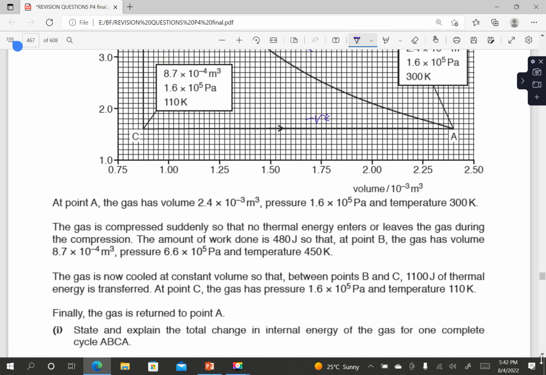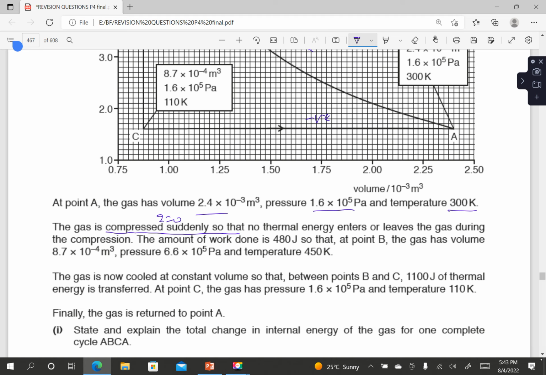At point A, the gas has that volume, pressure is that, and temperature is that. The gas is compressed suddenly so that no thermal energy enters or leaves the gas during the compression. So that is from A to B. Q is 0 from A to B because no thermal energy enters or leaves the system.